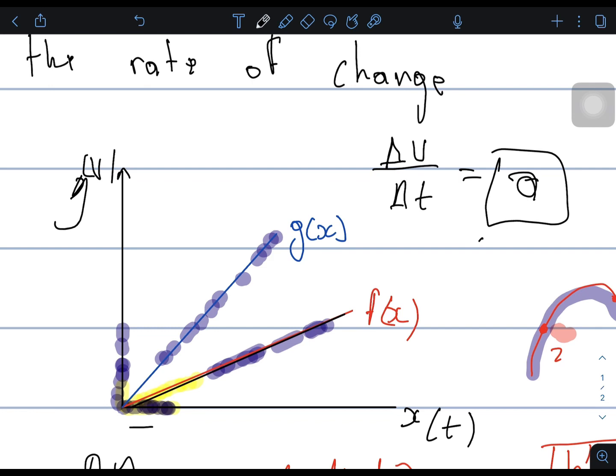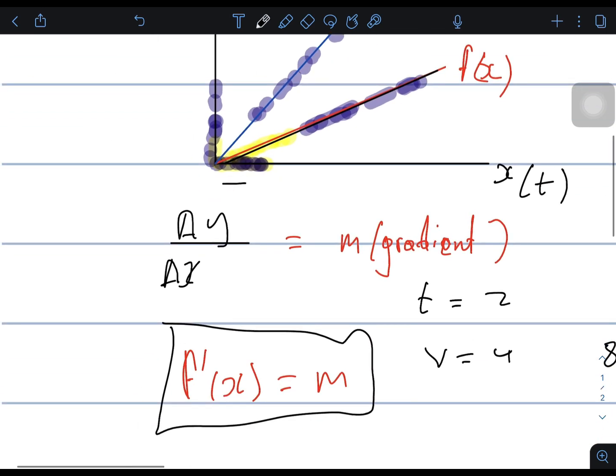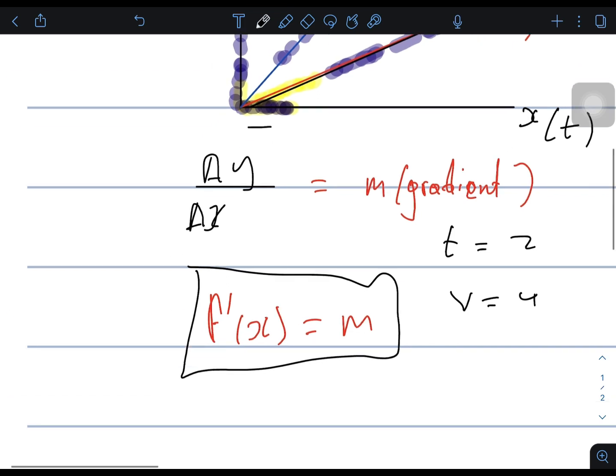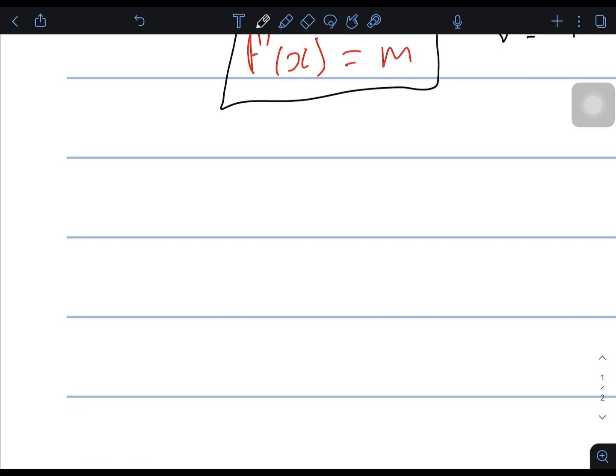Differentiation is the rate of change of y with respect to x. But that is just defining differentiation. Why do we have to differentiate? Because we want to find the gradient of a line or a curve at any particular point. I'm not going to go deeper into defining first principle.